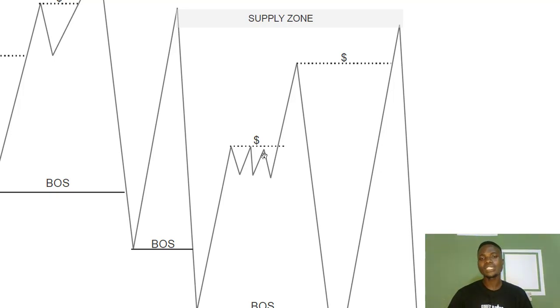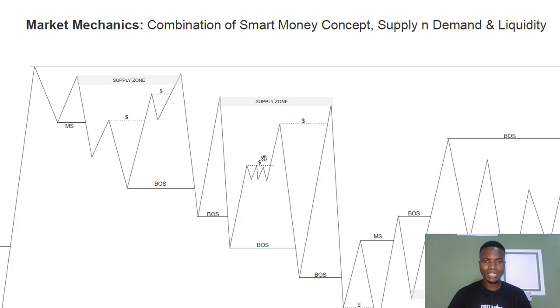Okay, but we can see on the screen right now that when there is a consolidation at this stage, the buyers are a little bit in control of the market, but the intention of the sellers is that they want to seek more liquidity to this supply zone before their major move downward.